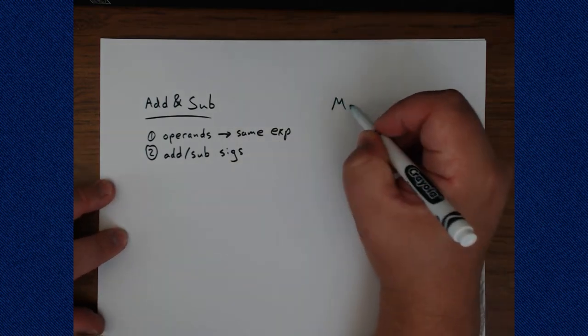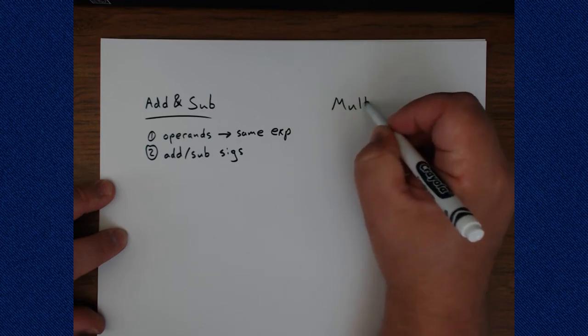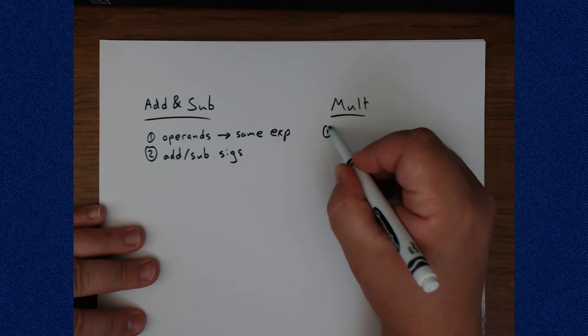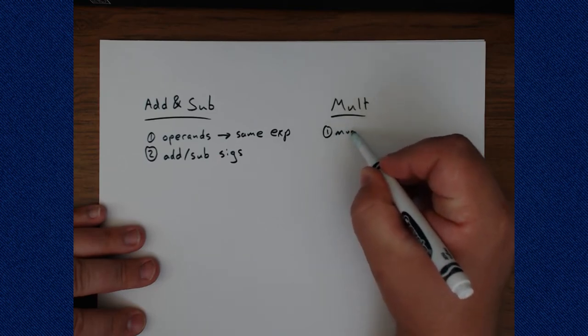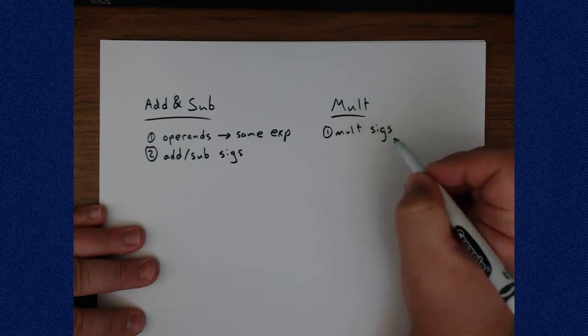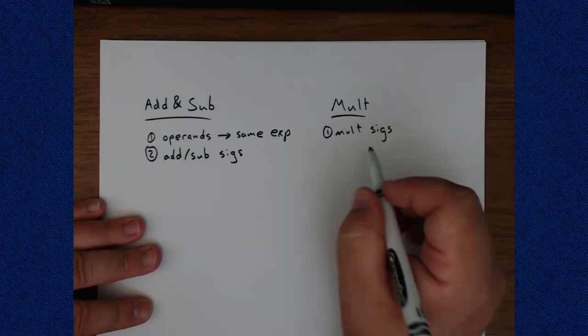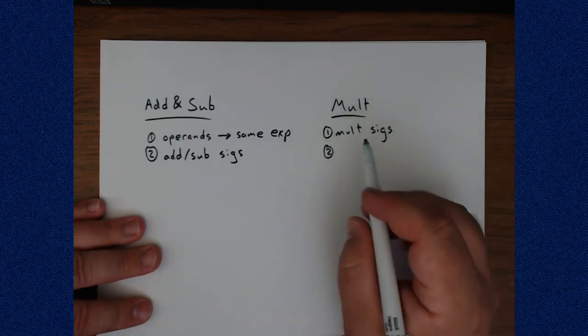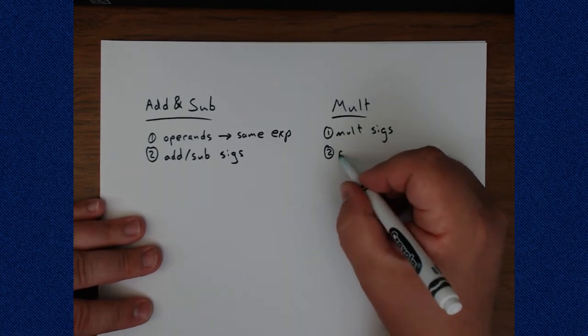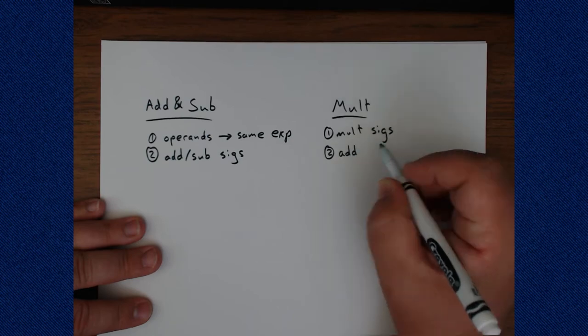Multiplication is slightly trickier. If we want to do multiplication, the first thing we do is multiply the significands, meaning those bit patterns in isolation. Then we add the exponents to one another.